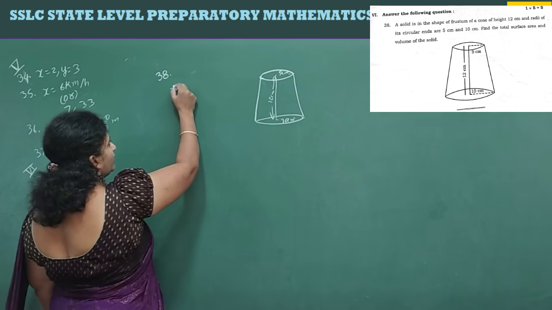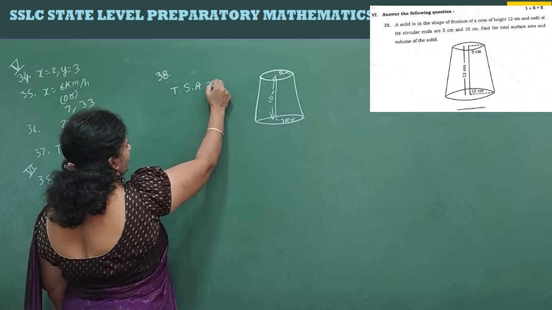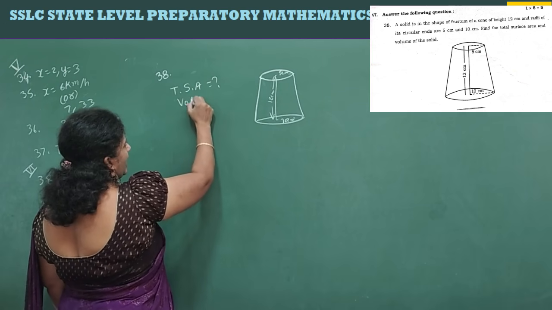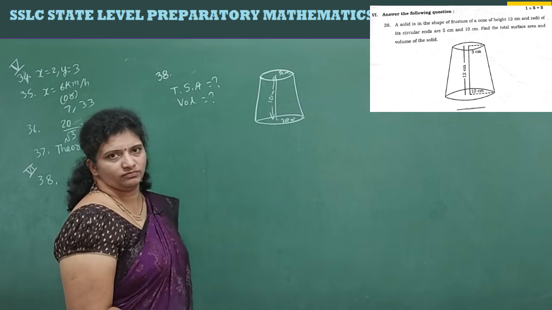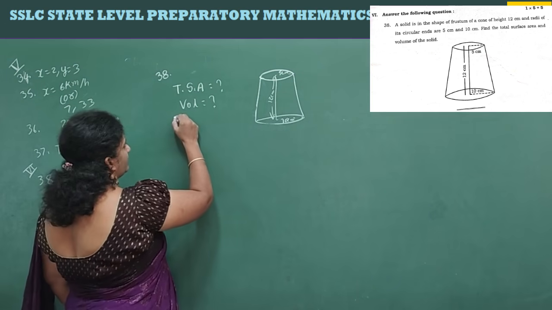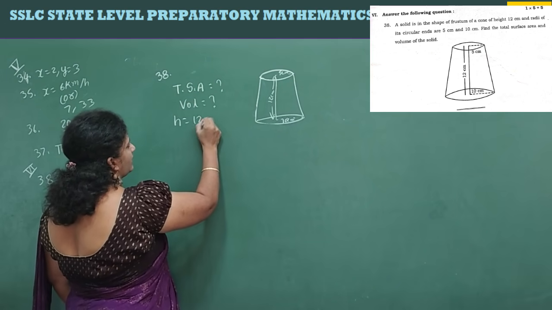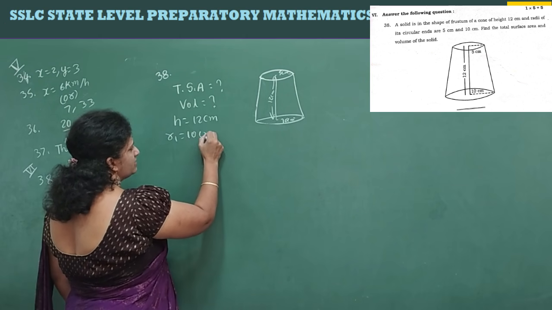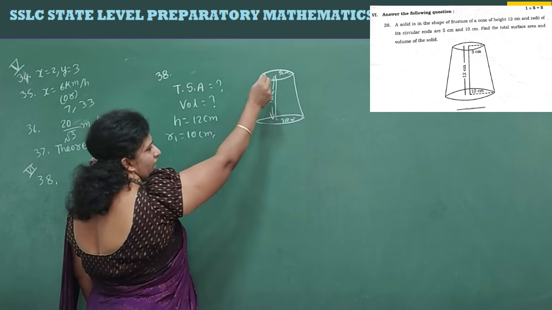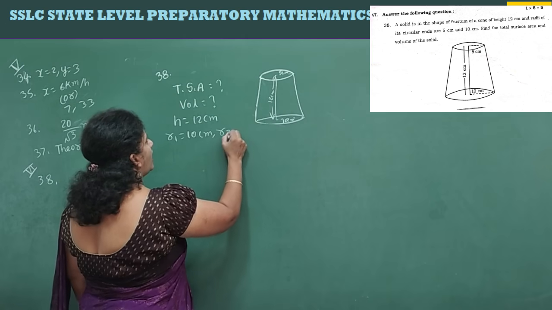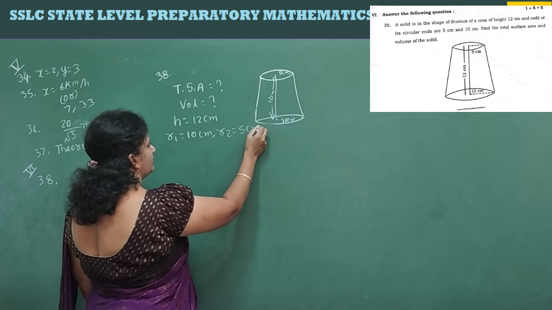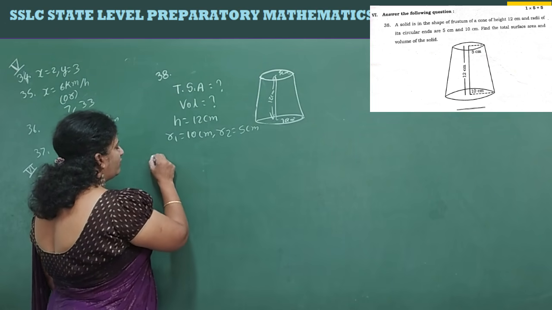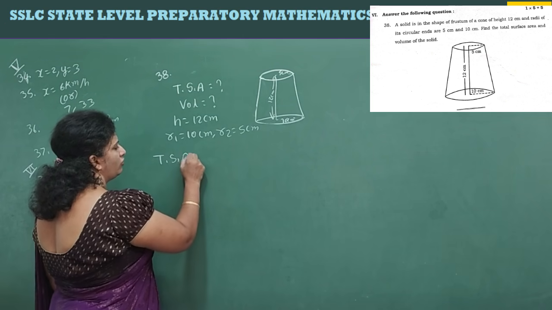What are you going to find here? TSA of frustum of a cone and volume of frustum of a cone. Here in the given data, let's write height 12 centimeters, R1 10 centimeters. Let us assume R1, R2 are the two radii, no? R2 is equal to 5 centimeters. Now let's write the formula for TSA of frustum of a cone.